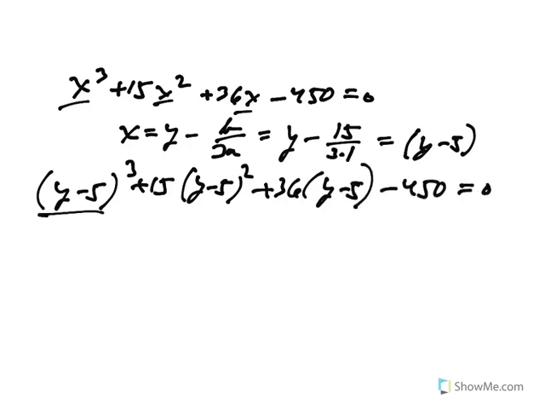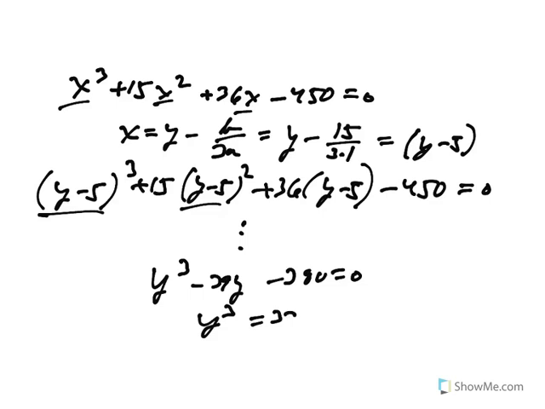There are some shortcuts for expanding y minus 5 cubed. You don't really need them because you're going to be doing y minus 5 squared anyway. So it's only one more series of steps to get to y minus 5 cubed. But I'm just going to go dot, dot, dot. This will turn into y cubed minus 39y minus 380 equals 0. Or y cubed equals 39y plus 380.